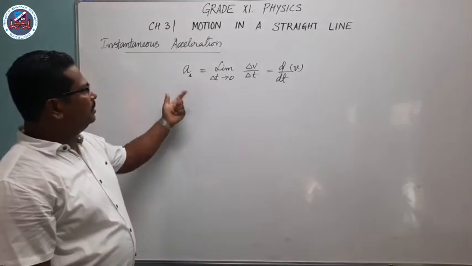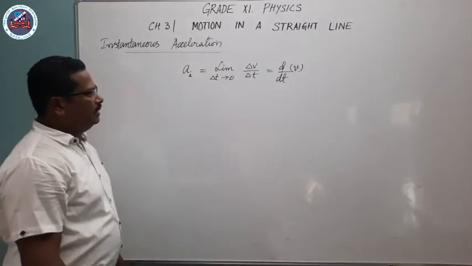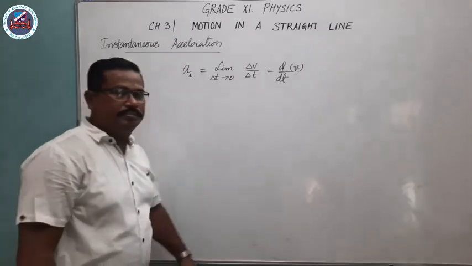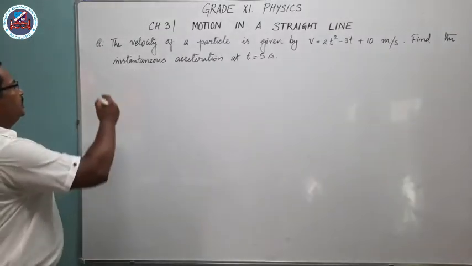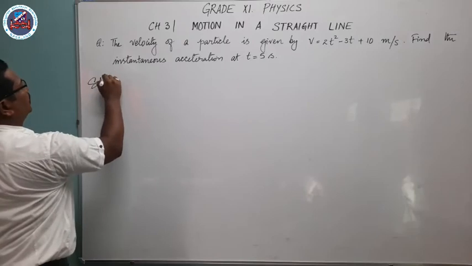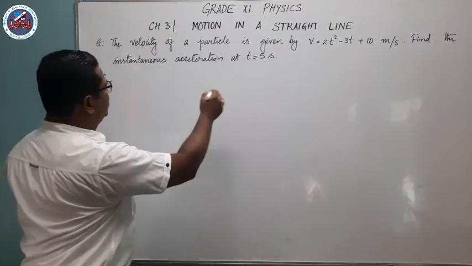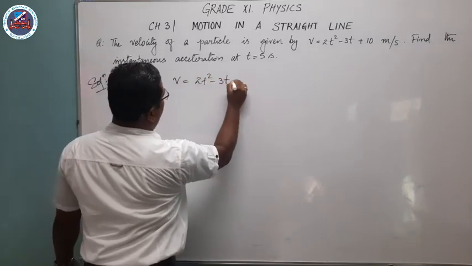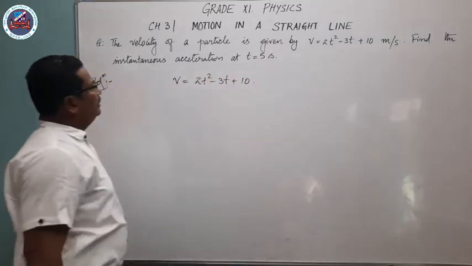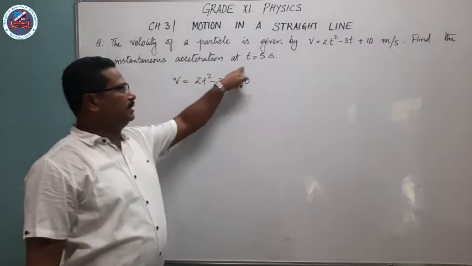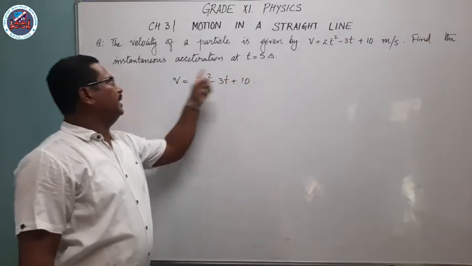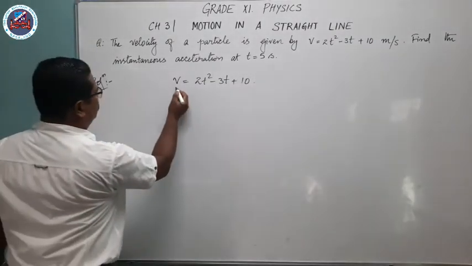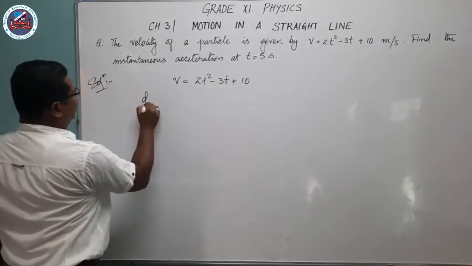Now let us see one small question from here, and then we'll understand what is instantaneous acceleration and how to calculate it. Like this question, if you happen to get it: the velocity of a particle is given by v equal to 2t square minus 3t plus 10. Then find the instantaneous acceleration at t equal to 5 seconds. This one we'll do at the end. First we'll find the instantaneous acceleration, so we'll go for differentiation.